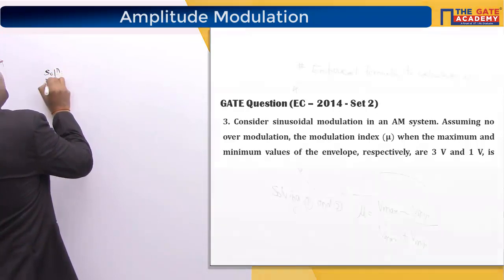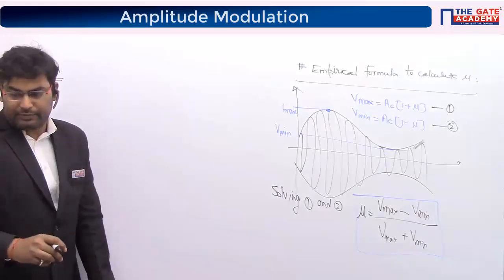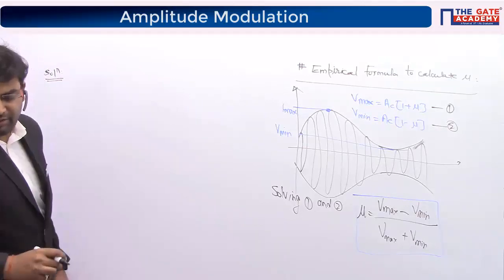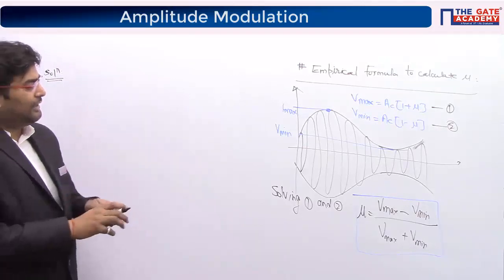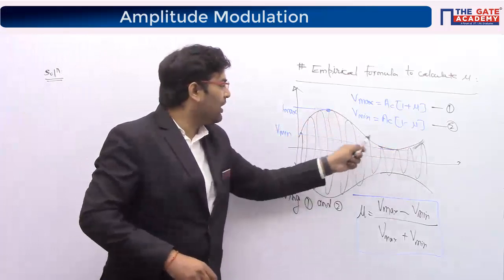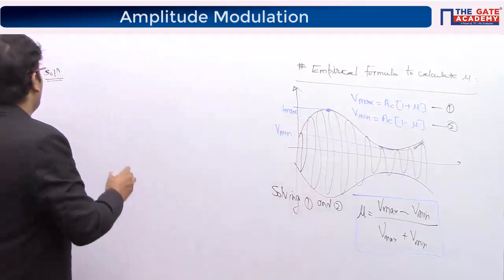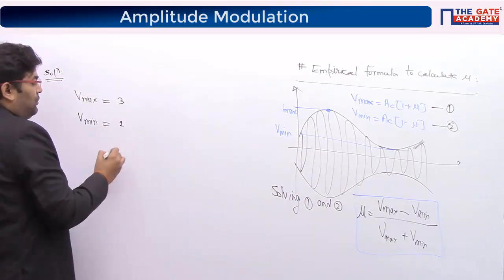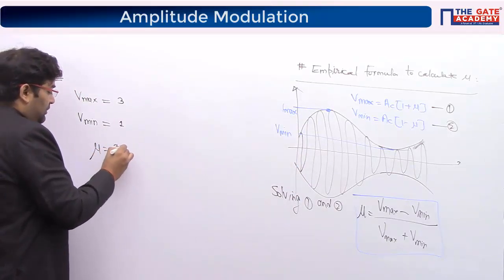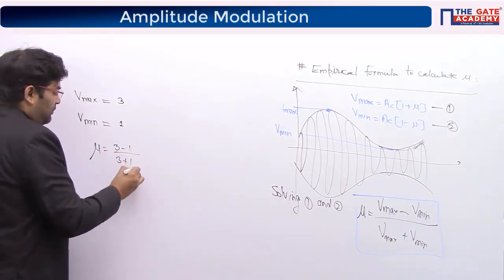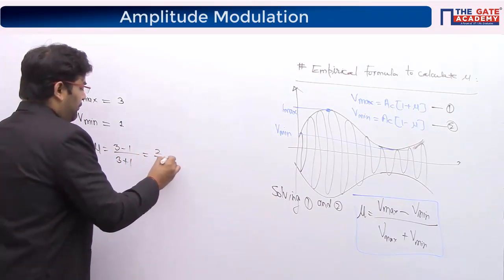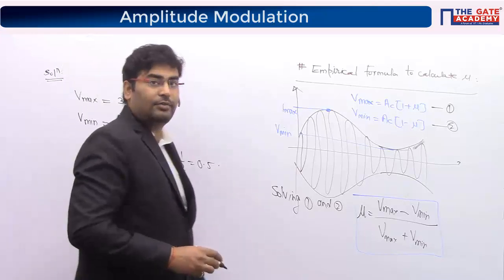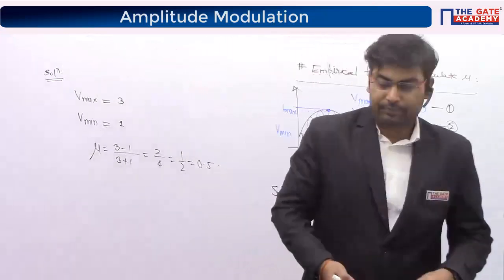In this question they have given the maximum value of the envelope, this outer line is the envelope. The maximum value of the envelope is 3, minimum is 1. So what is mu? 3 minus 1 over 3 plus 1, 2 by 4, half. So answer is 0.5.